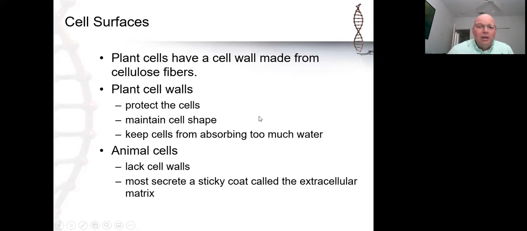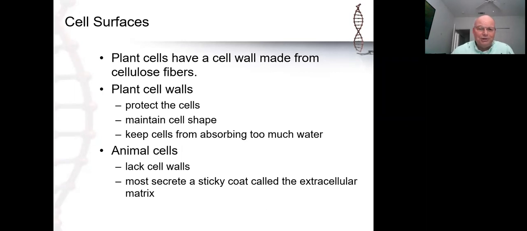So when we start looking at the surface of cells, so we've got this membrane around the outside of the cell, remember every cell's got one, and we saw that outside of a bacterial cell there are cell walls. Well, we know that outside of a plant cell there's also a cell wall, and it's made out of cellulose. And cellulose is the primary component of all plant cell walls.